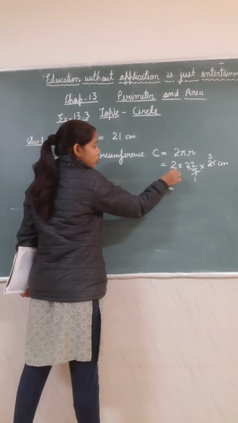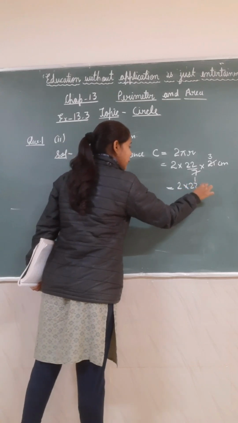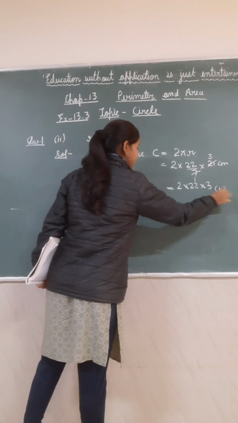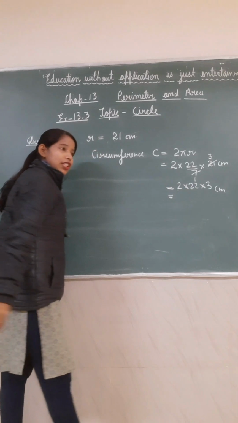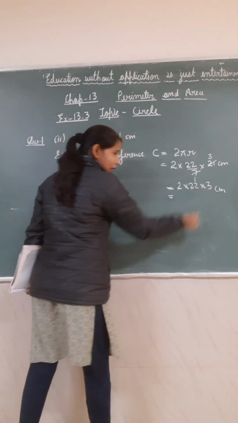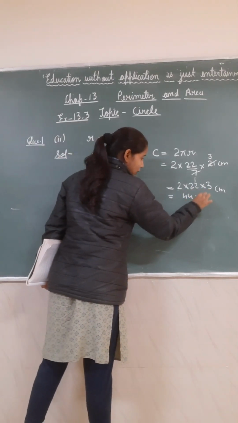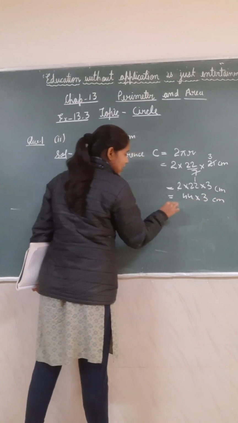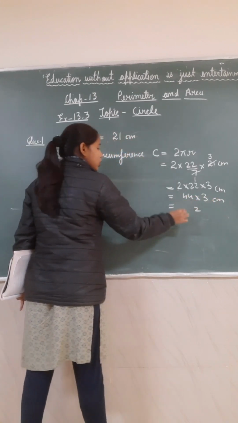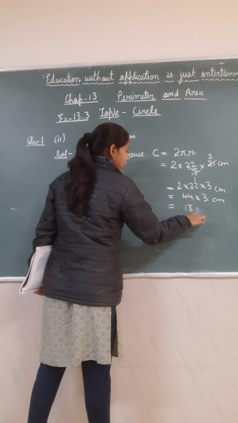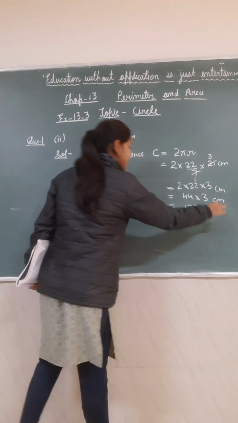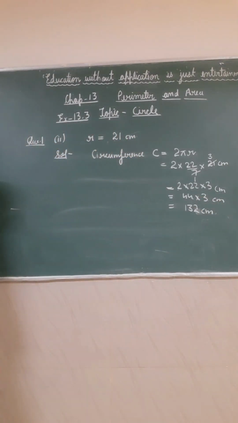So it is 2 into 22 multiplied by 3 centimeter. So 2 into 22 is 44, and 44 multiplied by 3: 4 3s are 12, carry 1, 4 3s are 12 and 1, 13. That means 132 centimeter. Got it?